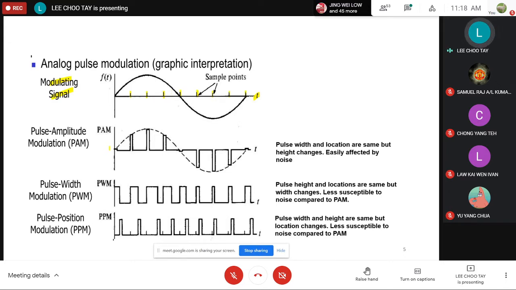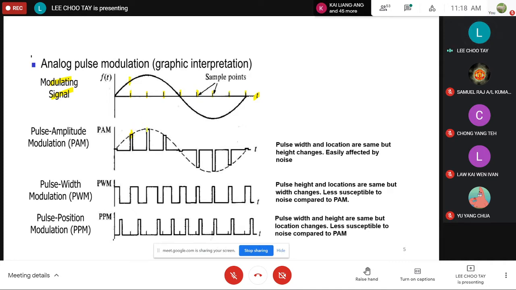For pulse amplitude modulation, the pulses generated will have an amplitude at that instant of sampling that is proportional to the amplitude of the message.